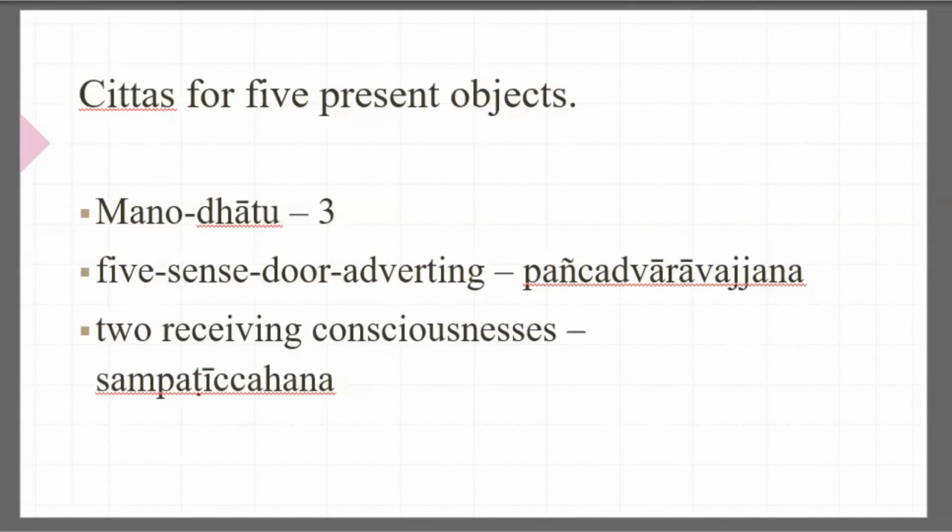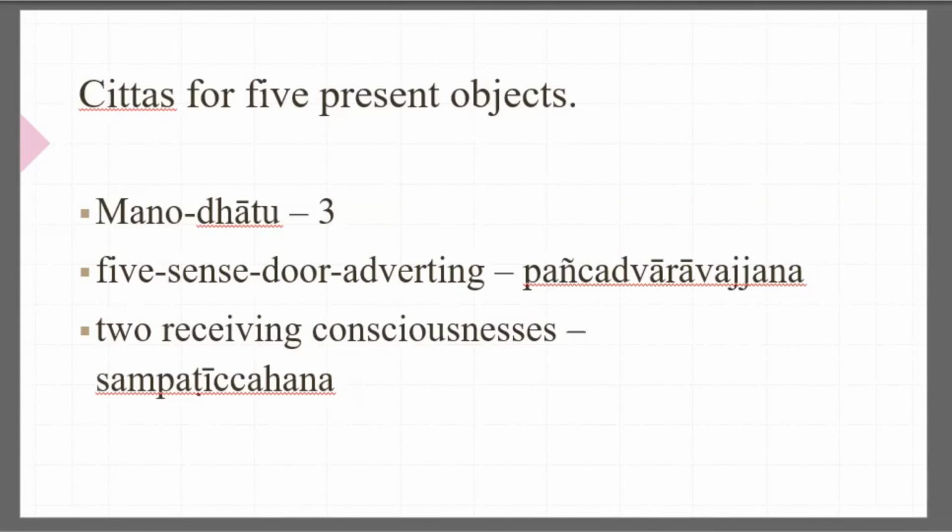That is Panchadvara Vajjana, 5 sense adverting consciousness. Then after that, what happened? He looks at and receives the mango. Similarly, there is a consciousness that receives the object, received by 5 types of consciousness.